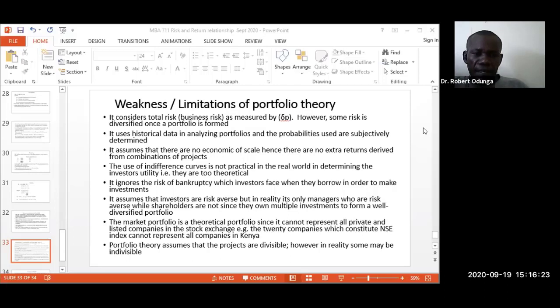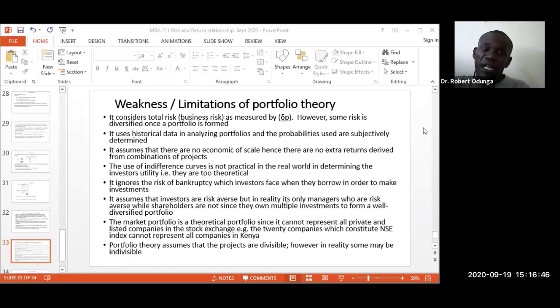Then next, it assumes that there are no economic of scale, hence there are no extra returns derived from combinations of projects. Again, you see the returns. The expected returns are not actually the same. That's why we have to compute the standard deviation.